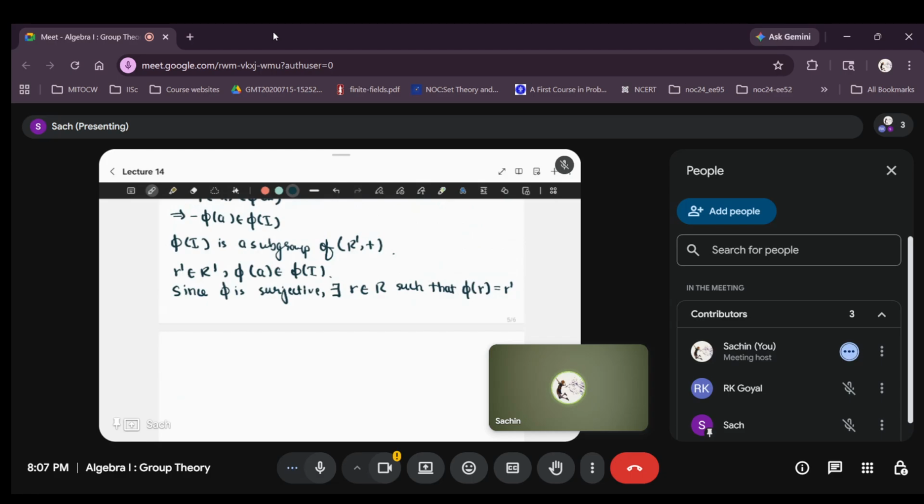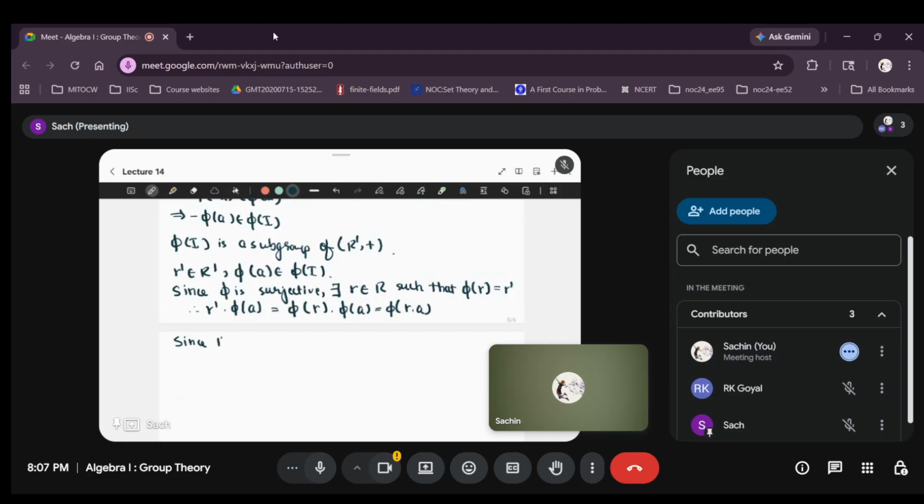Correct, right? Therefore, R prime times phi of A is equal to phi of r times phi of A. This is equal to phi of r times A.